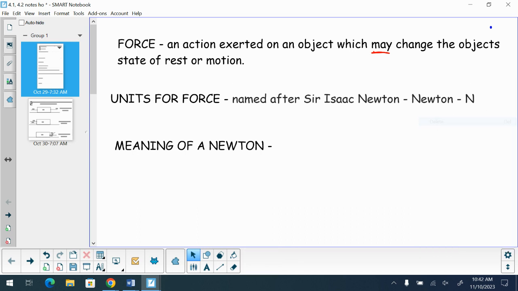Units for force. They're named after Sir Isaac Newton. They are your newtons. Fig newtons. Strawberry, date, fig newtons. Strawberries are pretty good.